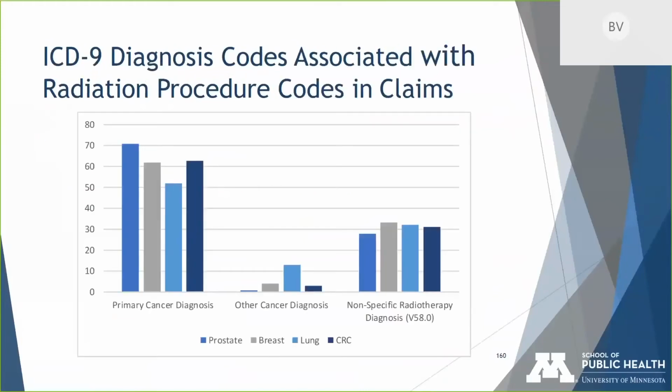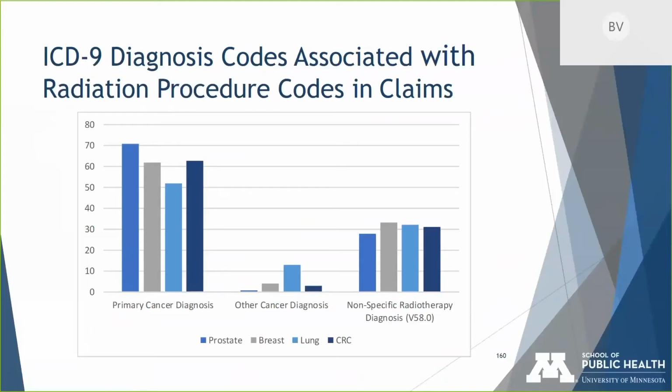So we took a sample of individuals who had evidence of radiation therapy for the top 4 cancers: prostate, breast, lung, and colorectal cancer. And we said, among those individuals who had bills for radiation therapy, what were the diagnosis codes that were listed on those bills for services?